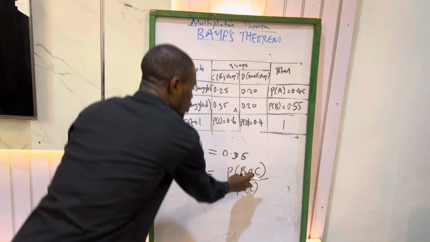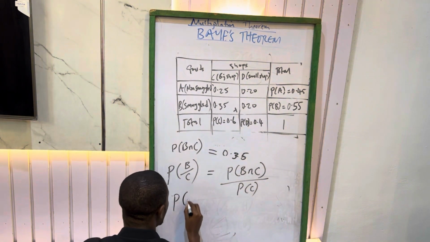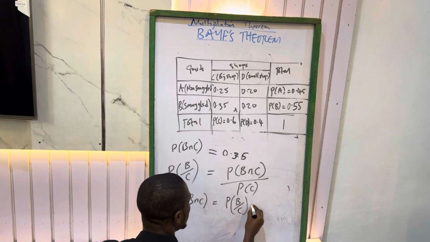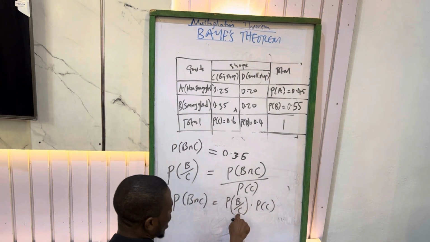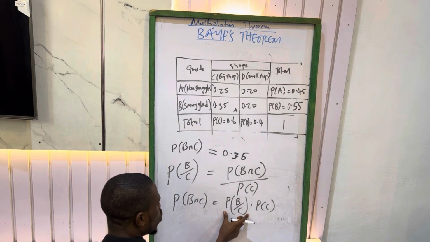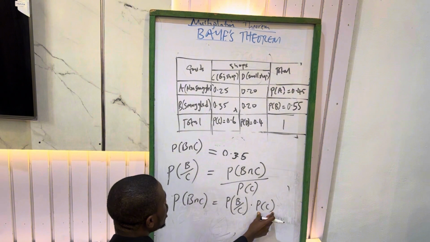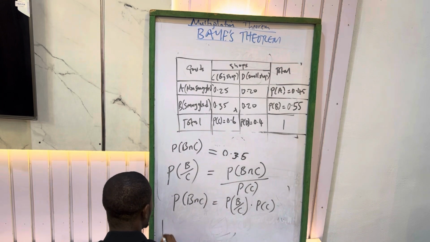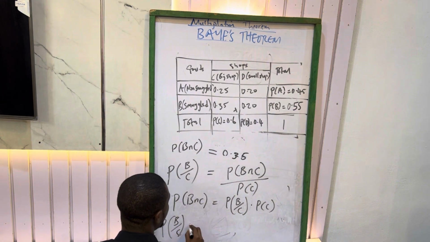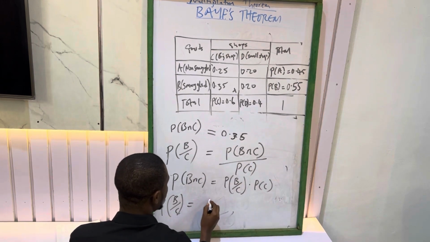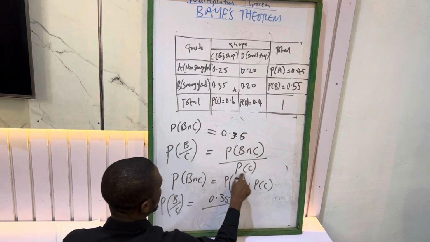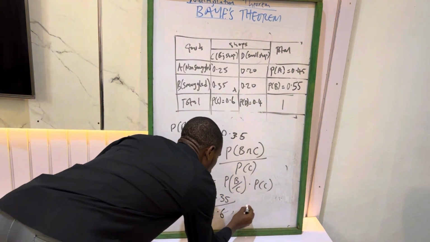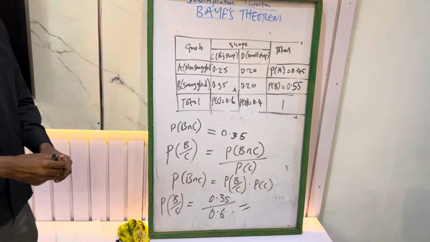Because when we express this as a joint probability, we see that the joint probability of B and C is equal to probability of B given C multiplied by probability of C. We already know this from the table, and this one too, so we can easily get it. Probability of B over C should be equal to 0.35 over the probability of C, which is 0.6. Whatever answer you get is your final answer. It's as simple as that.